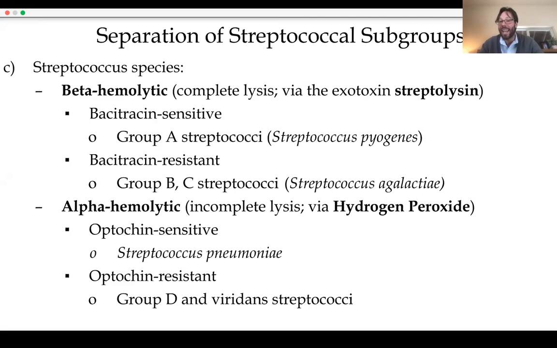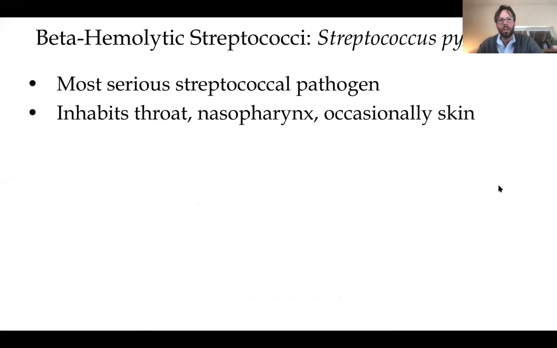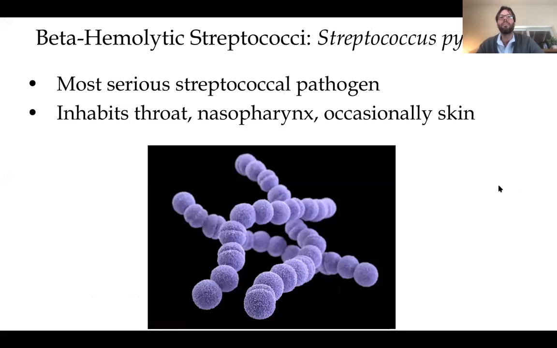Streptococcus agalactiae and then Streptococcus pneumoniae. These are some of the more prevalent ones. Beta hemolytic, these are going to be the more serious pathogens in the streptococcal variety because they have more complete hemolysis.